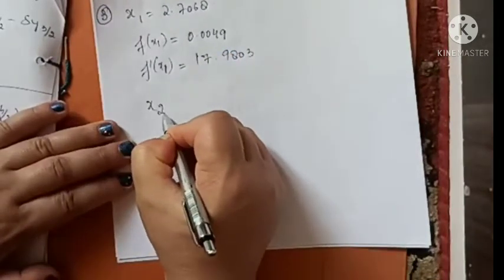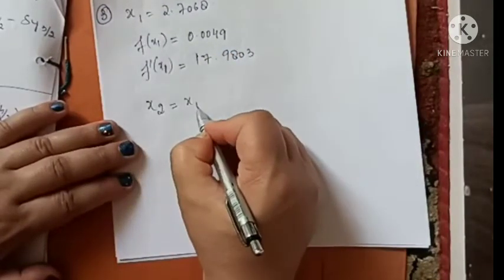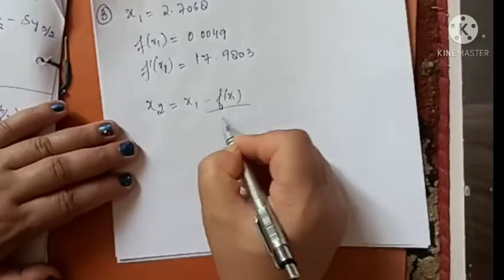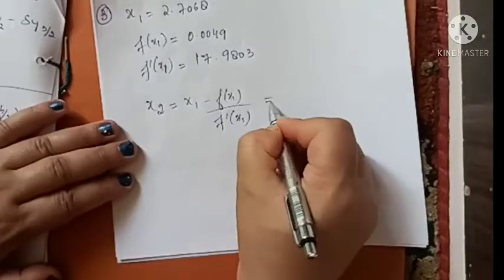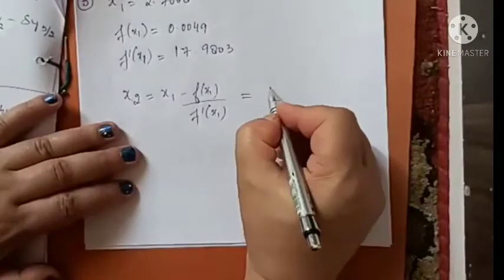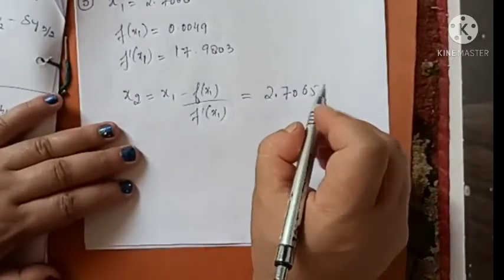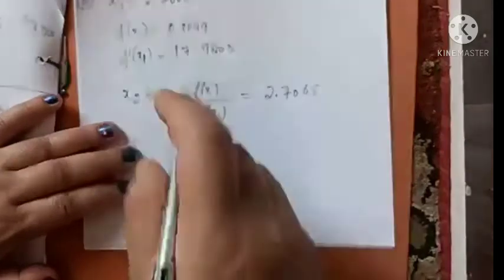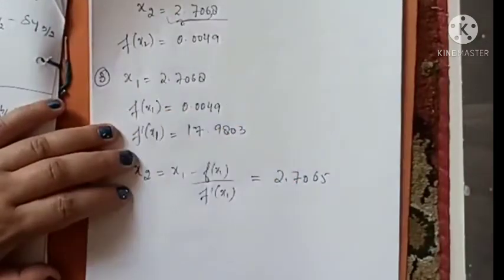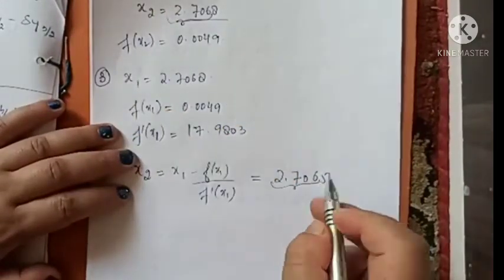After that we have to calculate the value of x2 by substituting x1 minus f of x1 divided by f dash of x1. Its calculated value is 2.7065. If you see, up to the 4 significant digits, here it is 2.706 and here also it is 2.706.